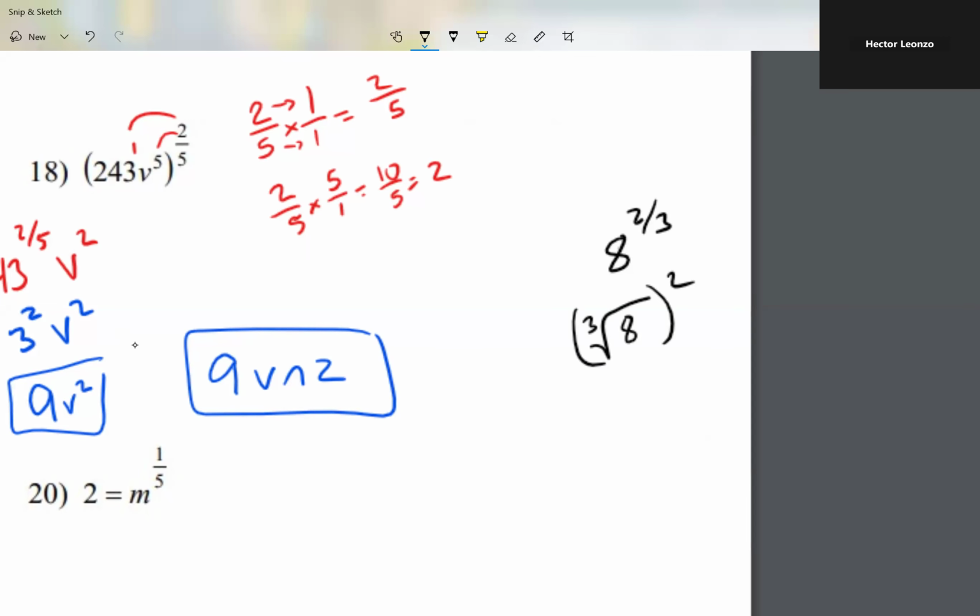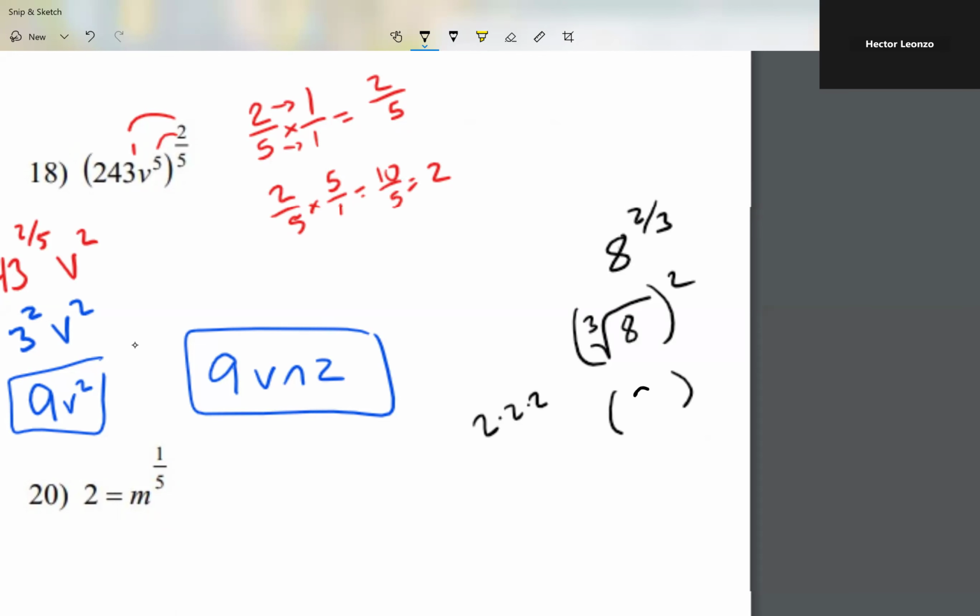Okay, inside the parentheses, the root is 3. So I'm thinking a number multiplied by itself 3 times, because the root is 3, is going to give me 8. So I tried. How about 2? 2 times 2 times 2. Yeah, that works.